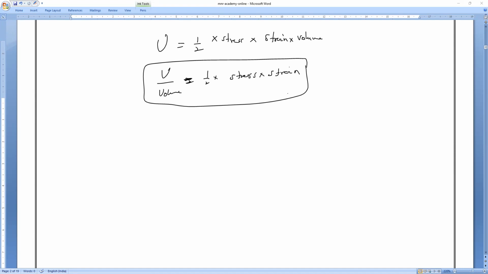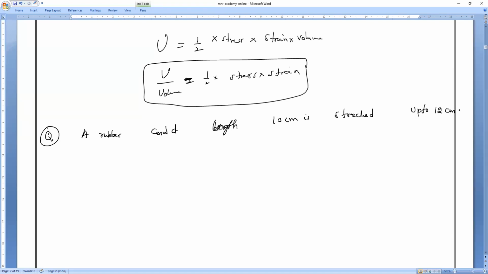Now, write the question. A rubber cord of length 10 centimeter is stretched up to 12 centimeters.